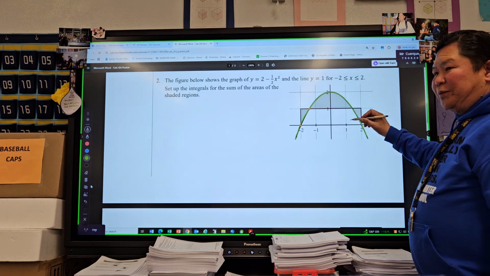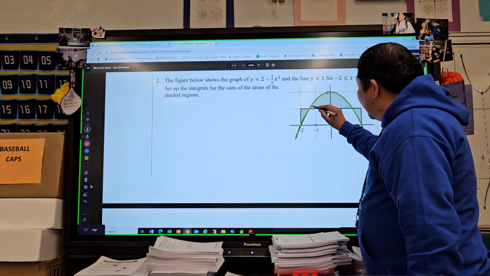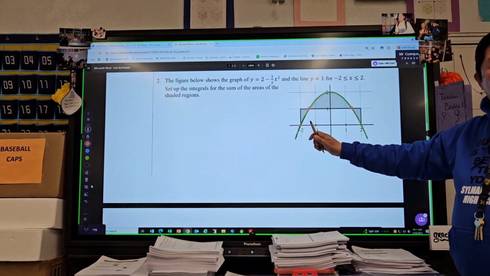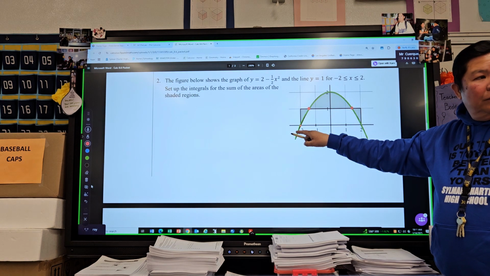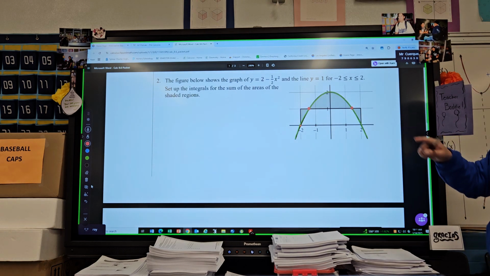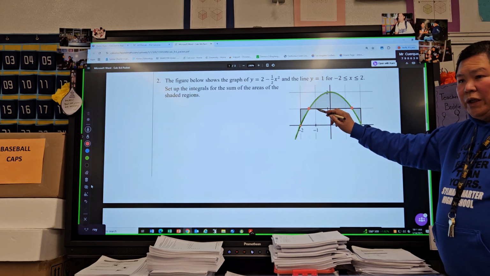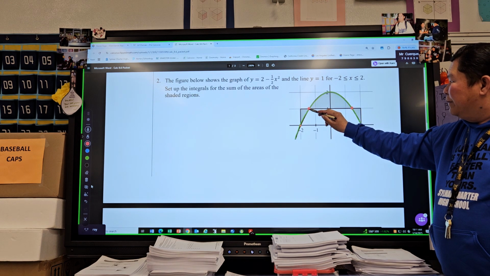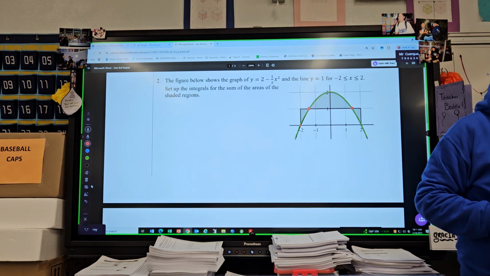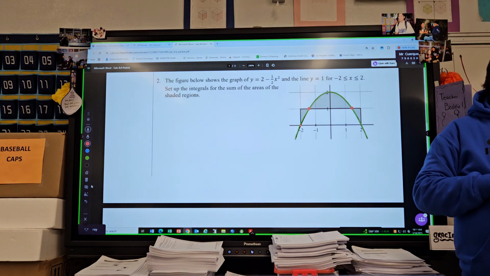So, for us to be able to identify the intersections, there are 2 intersections that we need to identify. Of course, it starts at -2, right? And then here, and from here up to here, and then +2. Did you get me? So, what is our concern? The intersections of this. So, how to do the intersection? Can you still recall? Okay, say it loud, Danny. Equal to each other.